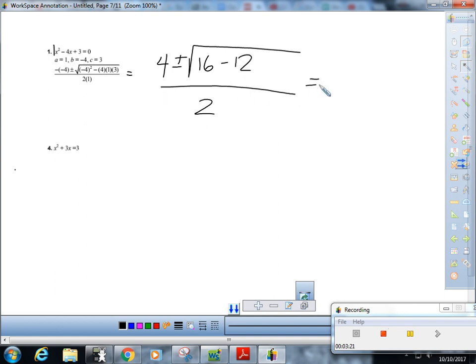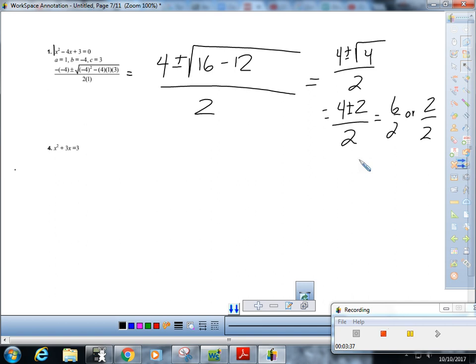So the answer to that one is 4 plus or minus the square root of 4 over 2, which is 4 plus or minus 2 divided by 2. So it's 6 over 2, or it's 2 over 2. So the answer is x equals 3 or 1. I got the 3 from 6 divided by 2, and I got the 1 from 2 divided by 2.